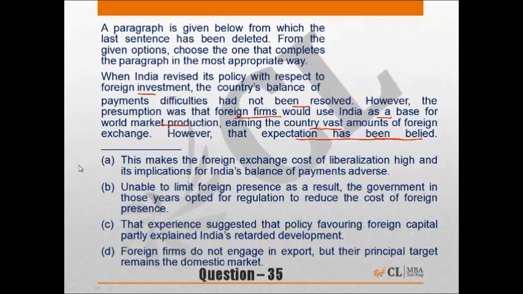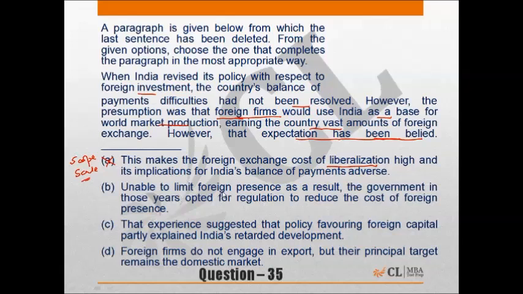This choice A is incorrect on account of scope, because the passage is about the foreign firm not earning foreign exchange, while this talks about the cost of liberalization. So choice A is going out of scope. So incorrect.